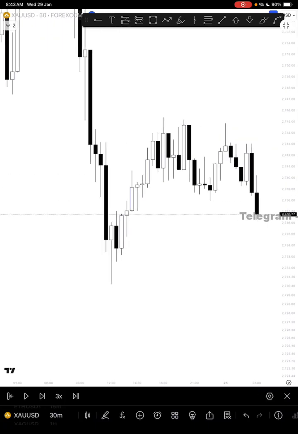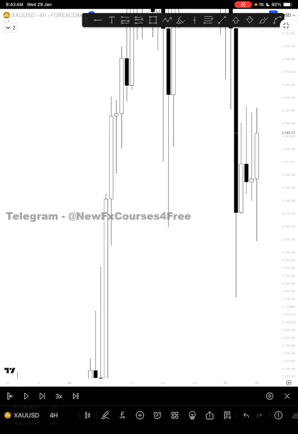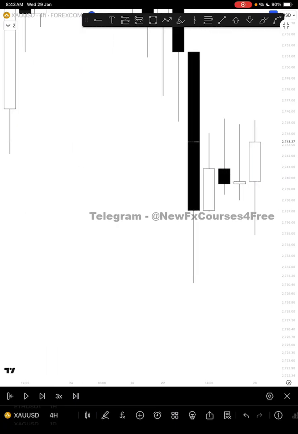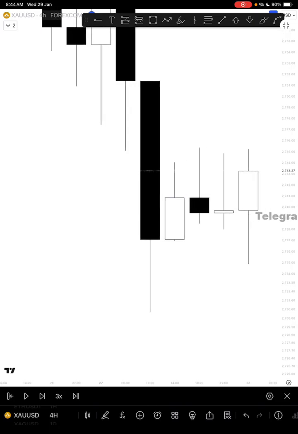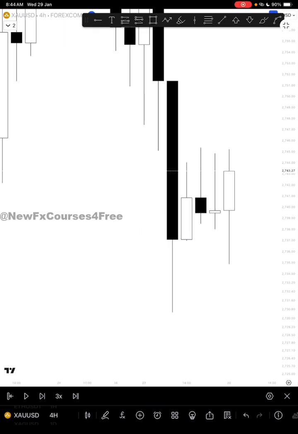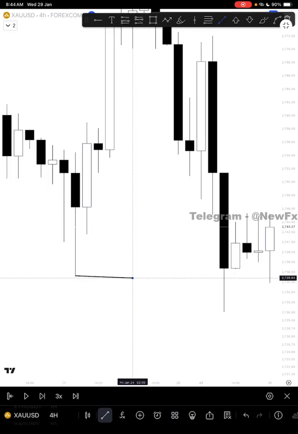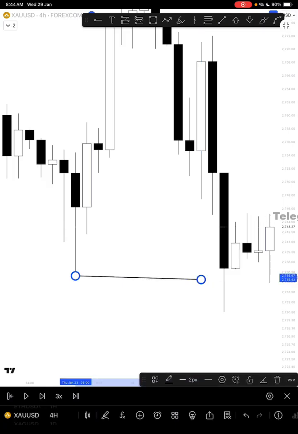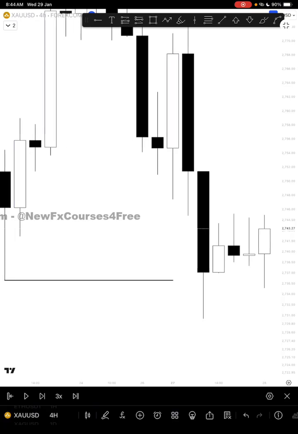So here we are on SAUSD, and going on to the 4-hour time frame, you got your rejection block here. You can see this long wick over here showing sign of bullishness, which popped below an old low and closed back into the range.